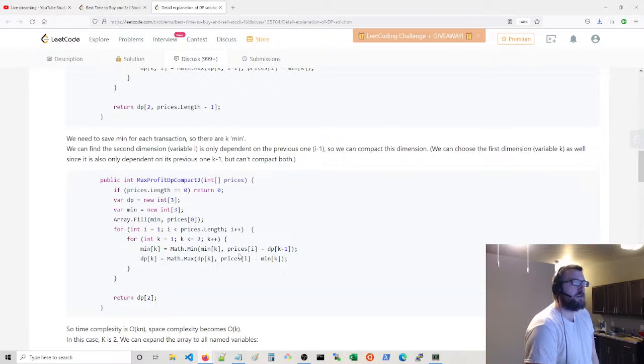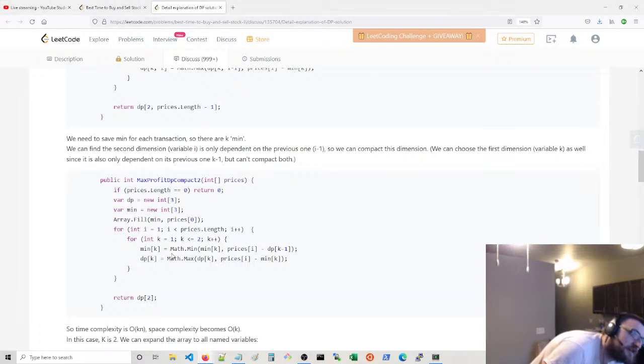So we don't change dp1, and the way we don't change dp1 is we don't increase the price enough to cause a change. Now, how about this? We increase the price, but it's not enough to change dp1. However, the price did increase. It wasn't a major increase to the point where it could change dp1, but it was an increase. So it doesn't affect min1, and then it doesn't affect dp1.